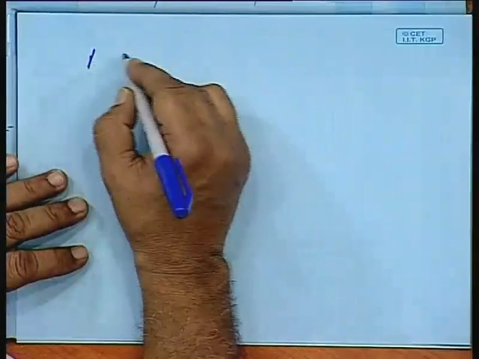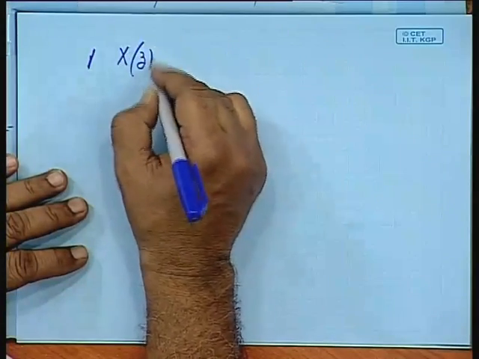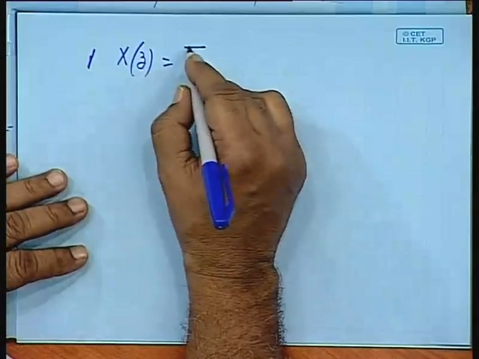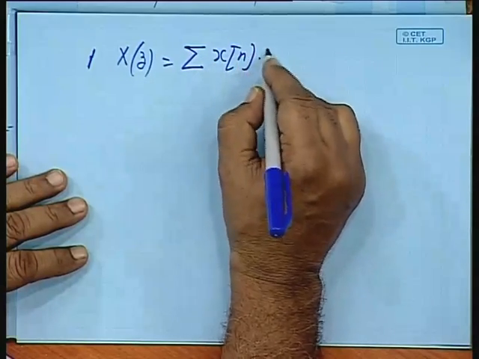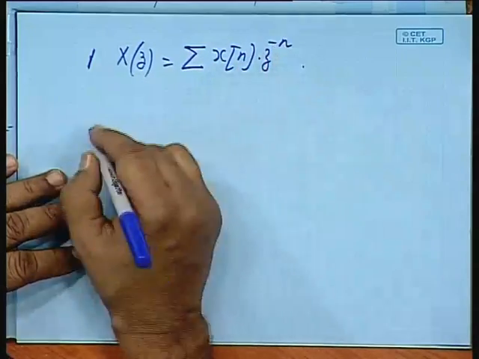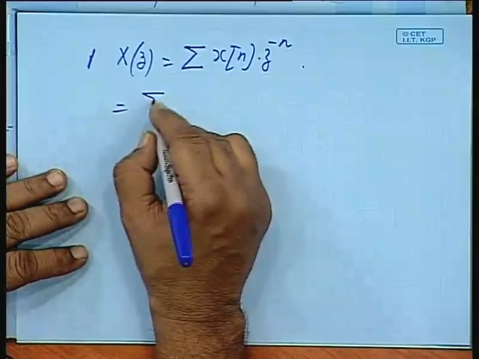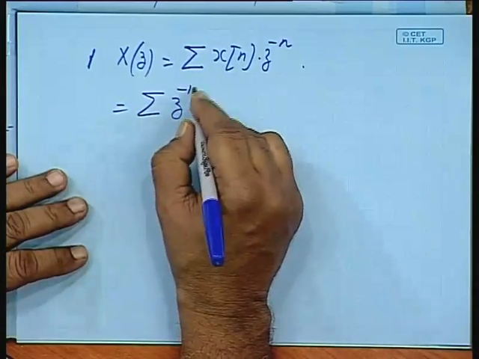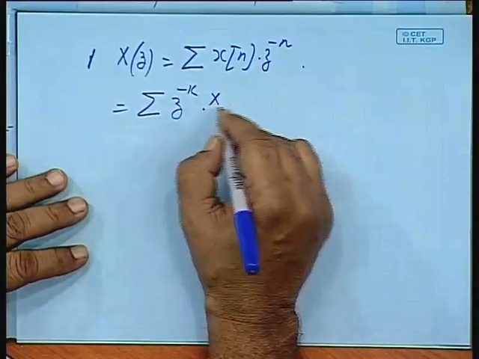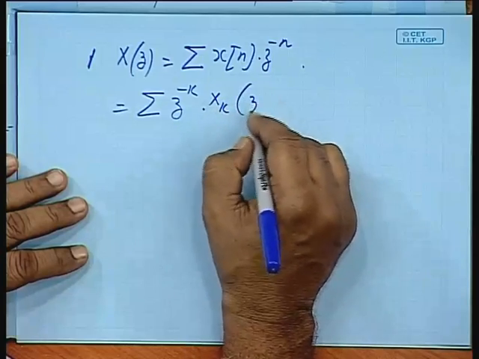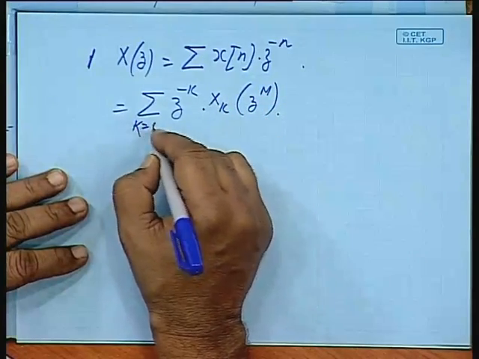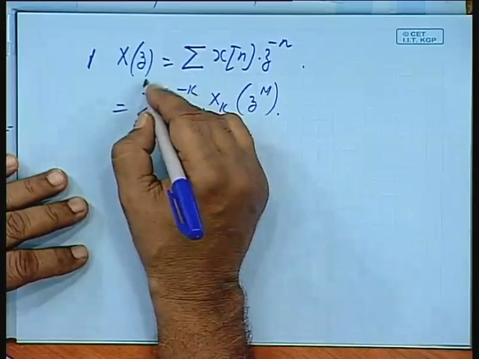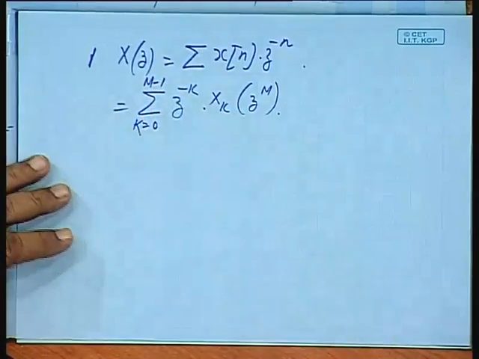So, any signal X(z) I can write therefore in the decomposed form as sigma z to the power minus k X_k z to the power m, k equal to 0 to m minus 1, is it not?